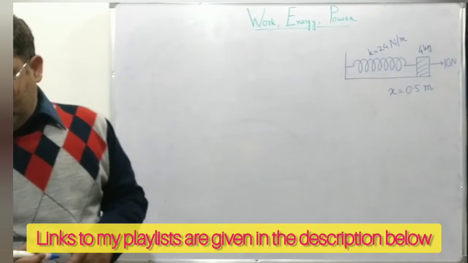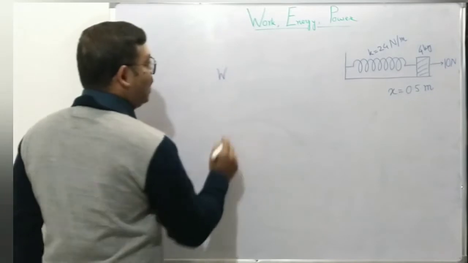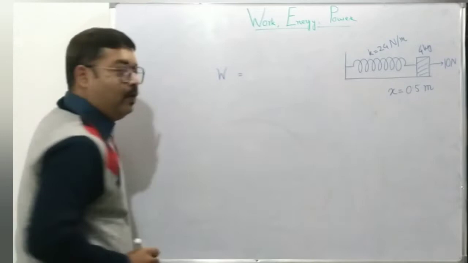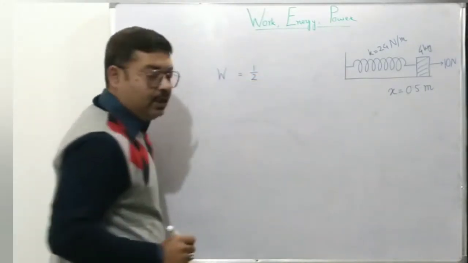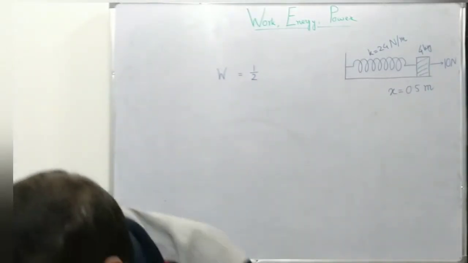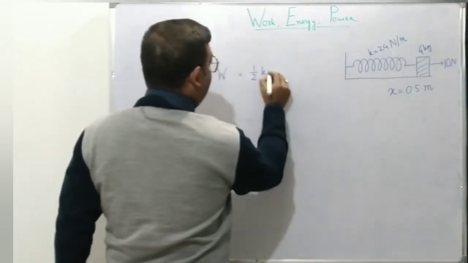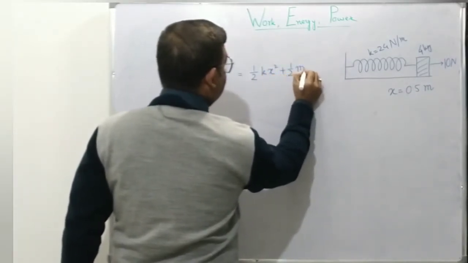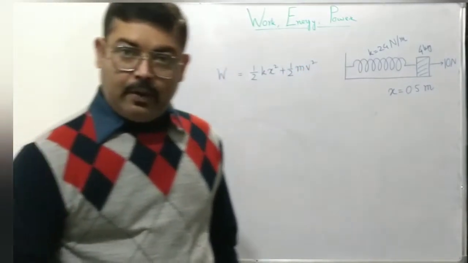So what we find is that whatever is the work done in extending the spring will result in, number one, the change in potential energy, which will be half k x square, plus the kinetic energy, half m v square.